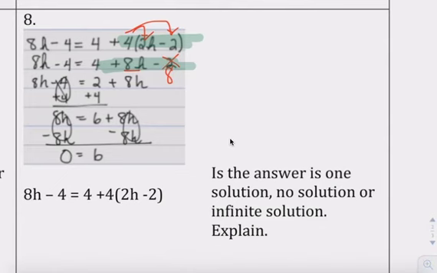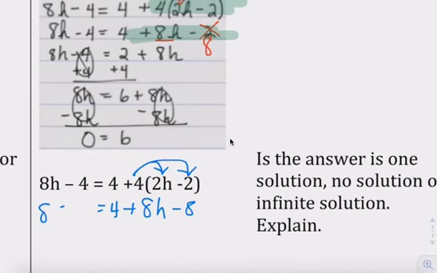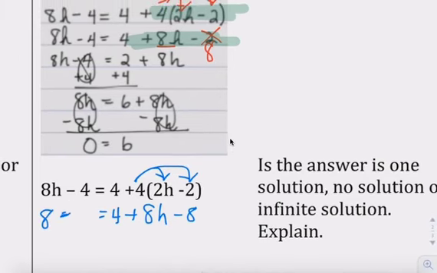Let's do it correctly. Distribute first. You get 8h minus 8, 4, and 8h minus 4.